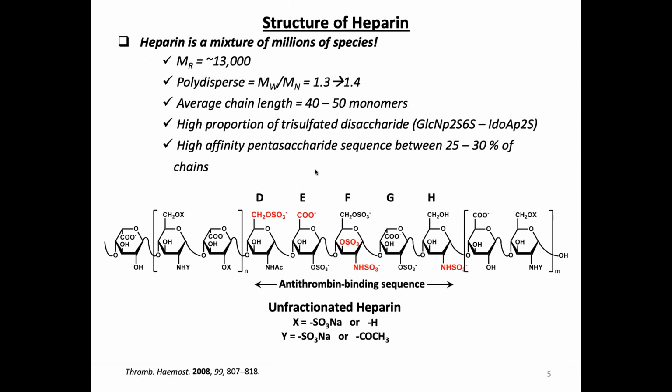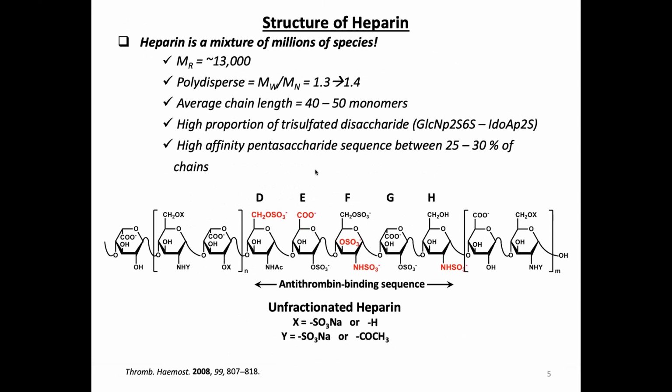Because of these variations, you can have multiple types of disaccharides, and the proportions of these disaccharides are going to change. The highest proportion is of the trisulfated disaccharide: glucosamine 2S, 6S, iduronic acid 2S.